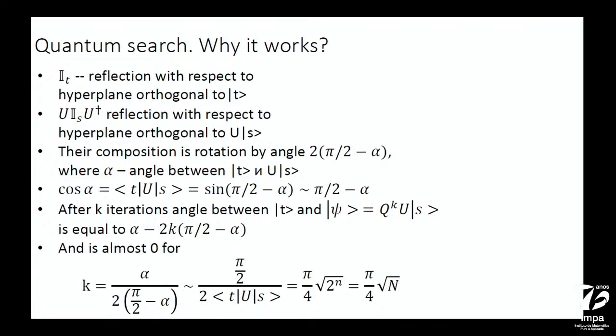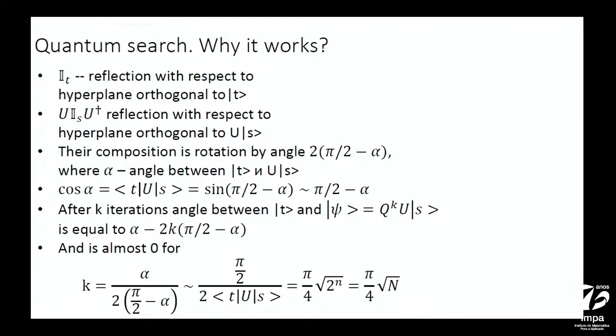So after k iterations, we do rotation approximately to this angle. Let us choose k of this form: alpha is approximately pi over 2, and pi over 2 minus alpha is approximately the scalar product which I knew, and I properly calculate everything and get exactly pi over 4 square root of n.